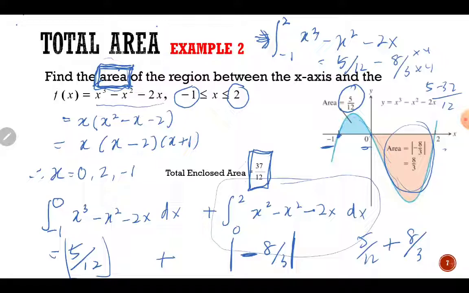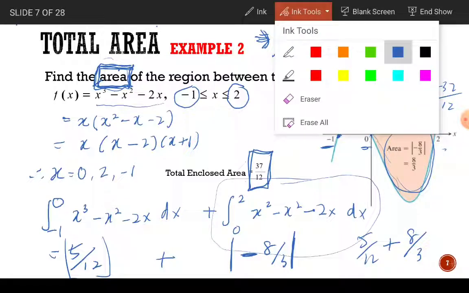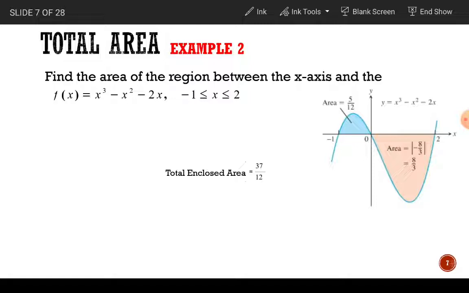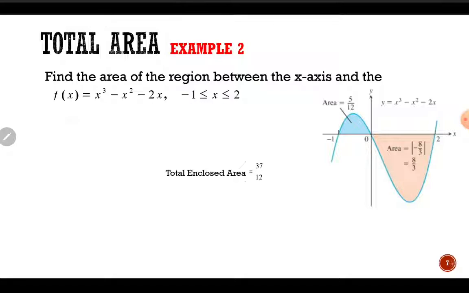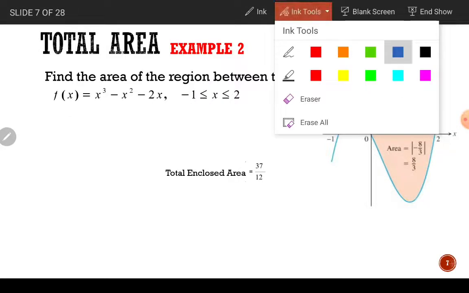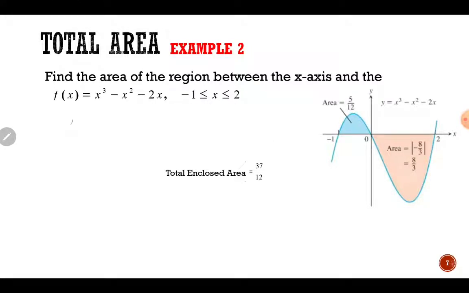Okey, cara satu lagi yang macam saya cakap tadi adalah kita pecahkan dia. Kita tahu daripada negatif 1 ke kosong, so maknanya integration daripada negatif 1 ke kosong. Okey, tengok line ni yang ke atas dia y1 minus y2.